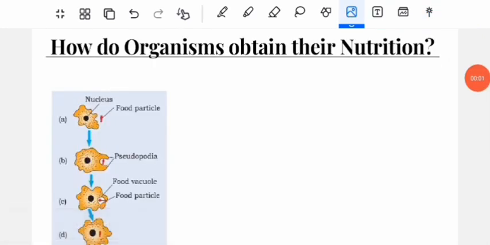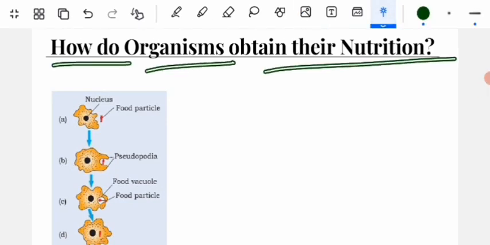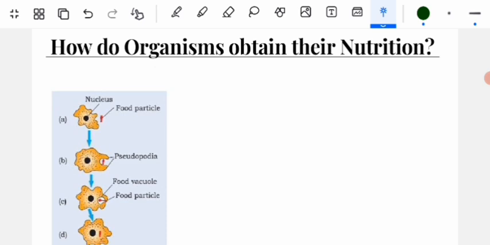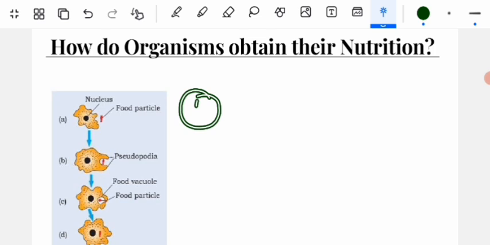This is the last topic of nutrition. Here we are going to learn how organisms obtain their nutrition. मतलब क्या होता है? Like we know the 5 kingdom classification done by R.H. Whittaker. That is, he has subdivided into Monera, Protista, Fungi, Plantae and Animalia, है ना? In that there is a Protista kingdom.